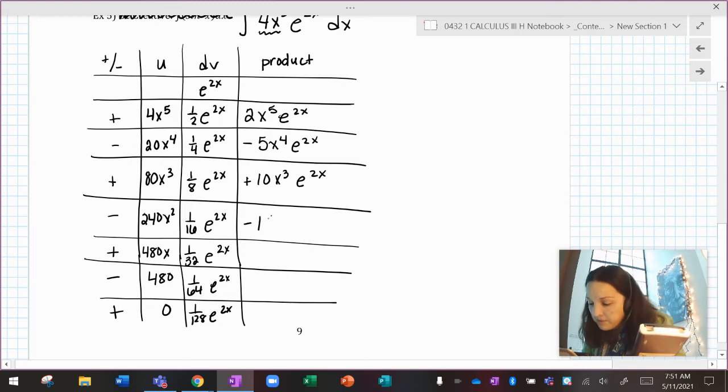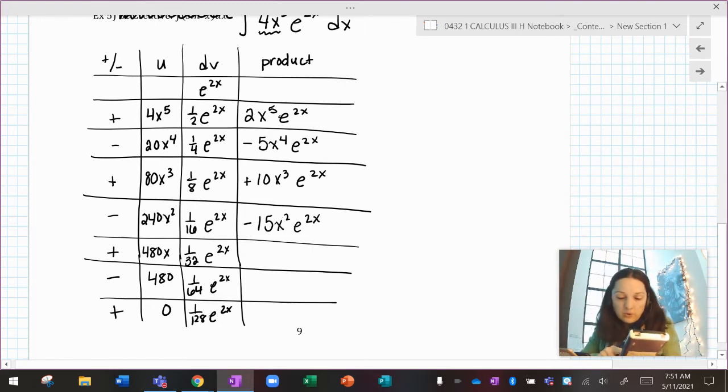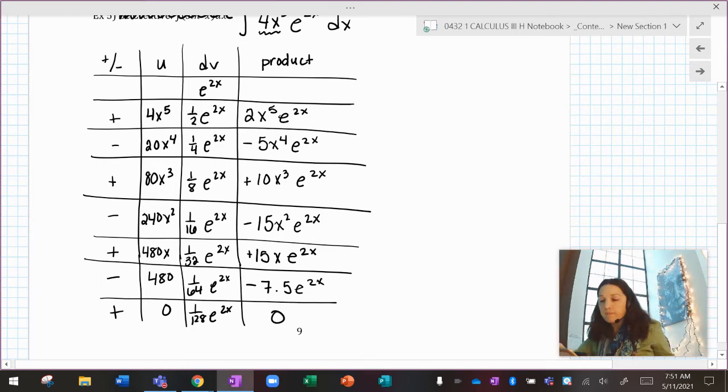That's going to be 15x squared e to the 2x. 480 divided by 32 is another 15x e to the 2x. 480 divided by 64 is 7.5. Let's see, e to the 2x and 0.